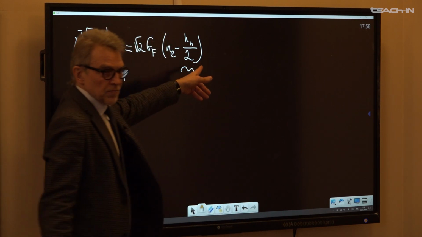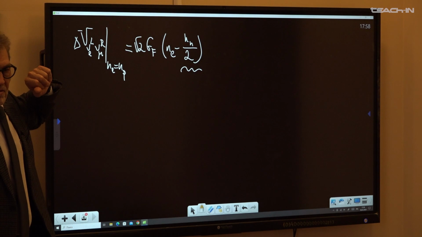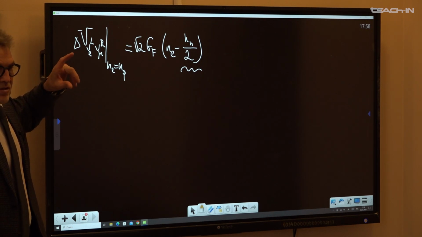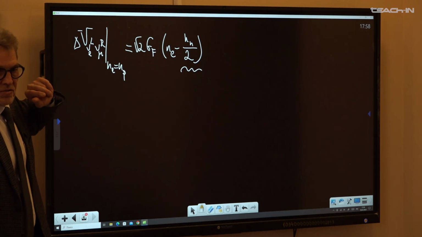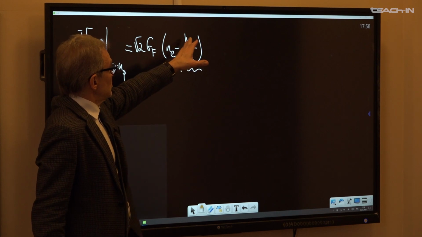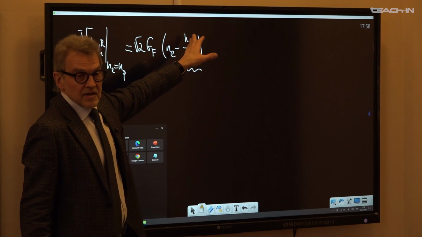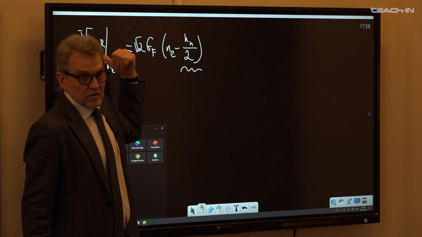This is an additional part with respect to what we derived when we considered neutrino mixing and oscillations between electron and muon neutrinos, because for electron and muon neutrinos these parts are identical, and in the difference of potential energy it cancels out.